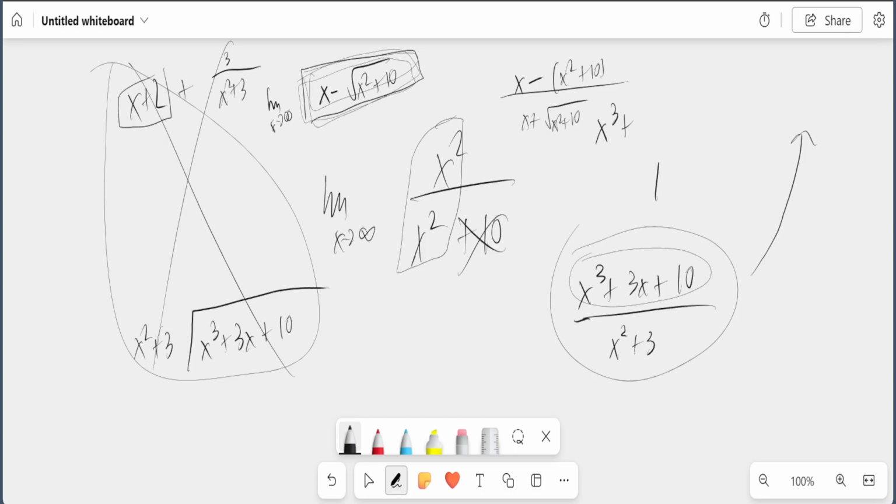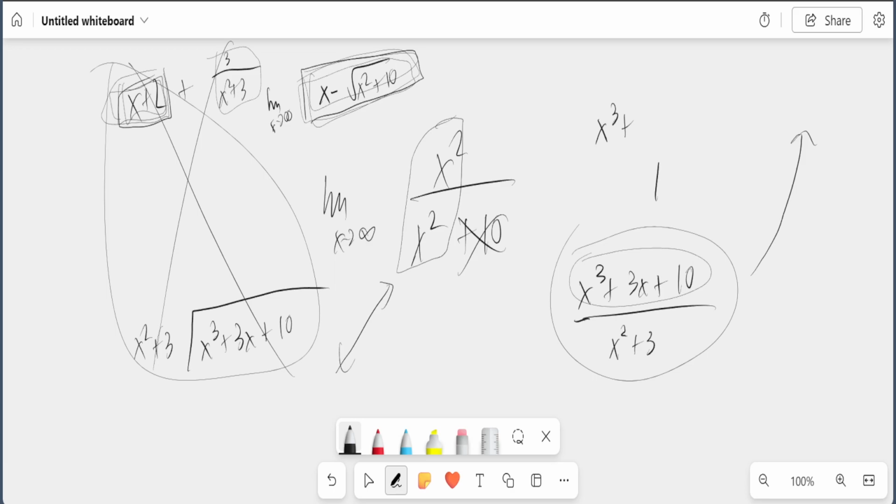No, wait, I was talking about the x cubed plus 3x plus 10 over x squared plus 3. Once you divide it out, you usually get a line and then a constant that, as you go to infinity, goes to 0. So then you start following the line, right? So this would be the slant asymptote.